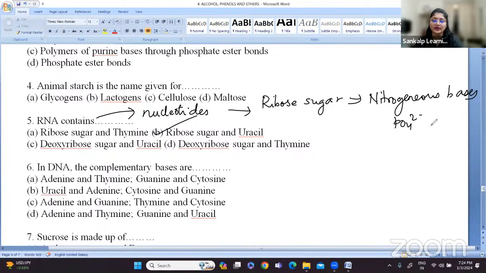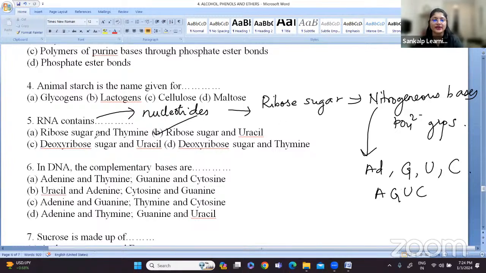The nitrogenous bases are adenine, guanine, uracil, and cytosine: A, G, U, C. So it is option B. Next one.